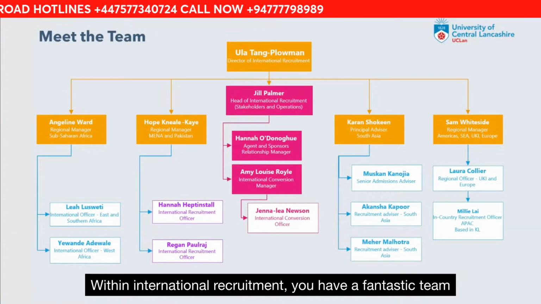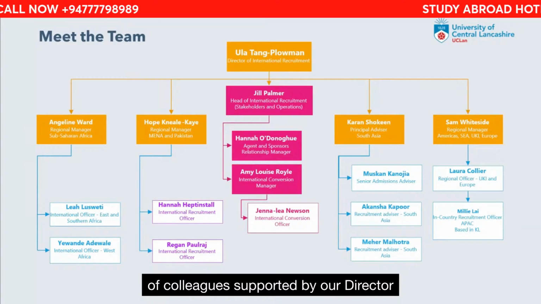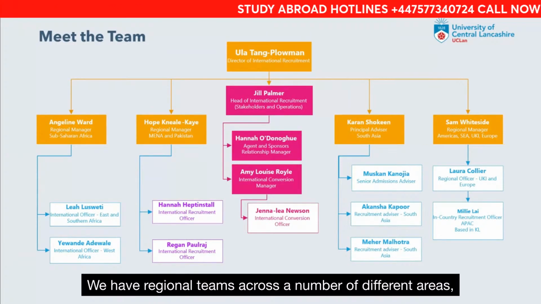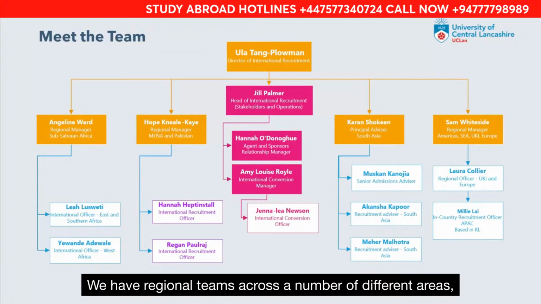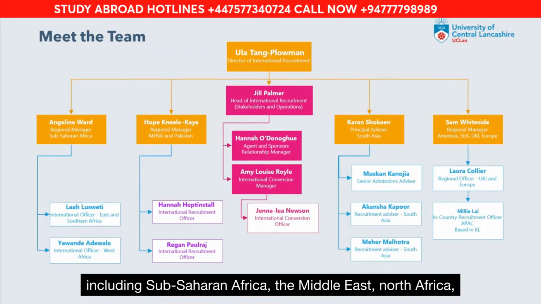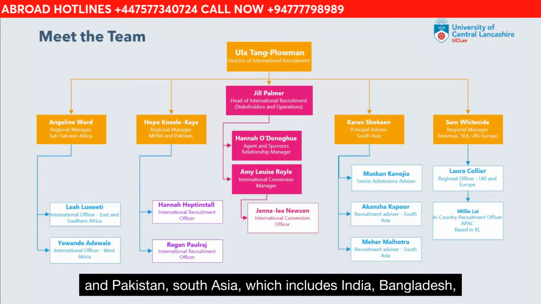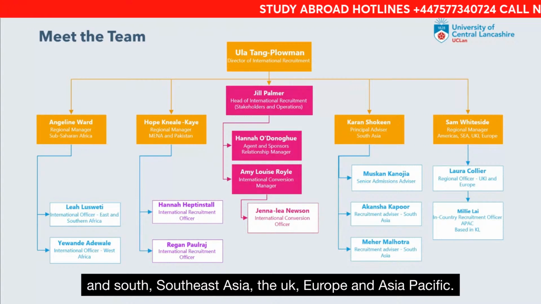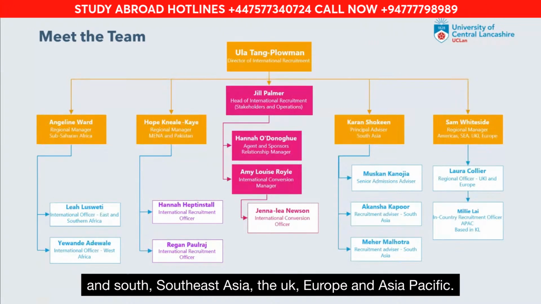Within international recruitment, you have a fantastic team of colleagues, supported by our Director of International Recruitment, Eula Tang Plowman. We have regional teams across a number of different areas, including Sub-Saharan Africa, the Middle East, North Africa and Pakistan, South Asia, which includes India, Bangladesh, Sri Lanka and Nepal, and the Americas, North and South, Southeast Asia, the UK, Europe, and Asia Pacific.